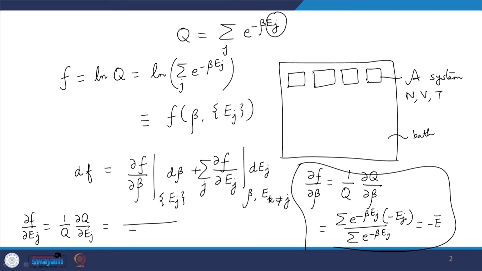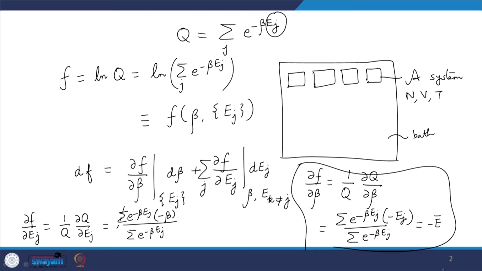Again you will have summation over e to the power minus beta Ej in the denominator, but in the numerator you have e to the power minus beta Ej, and now the derivative of minus beta Ej with respect to Ej is minus beta, and this summation will not appear because only for that particular Ej value in the summation you will have minus beta. For all the other energy values you will not have a derivative.